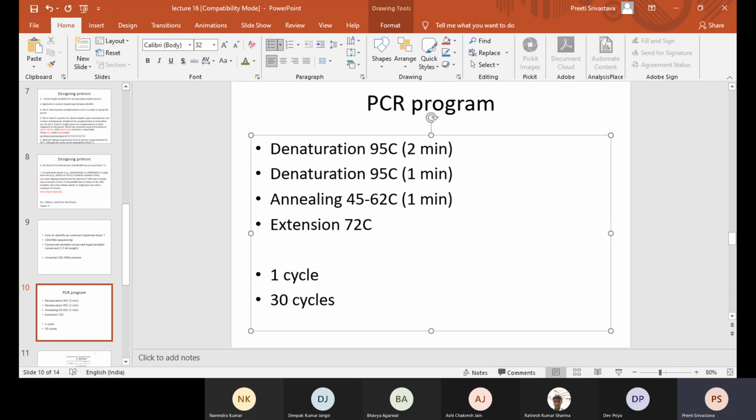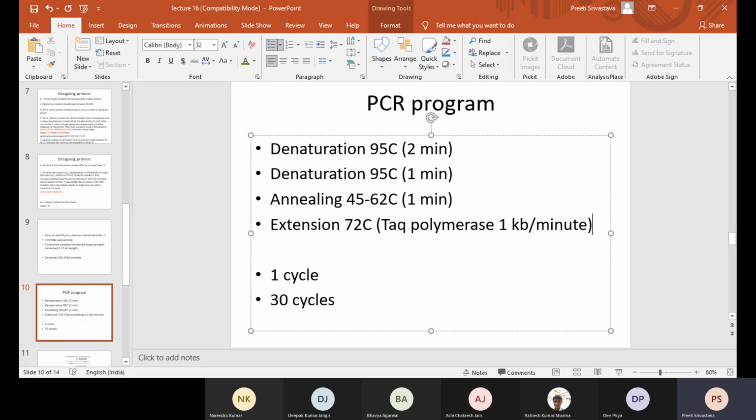Extension time, so listen to me carefully. For every type of polymerase that you are using, the extension time will vary. For example, for Taq polymerase, the extension is 1 kb per minute.